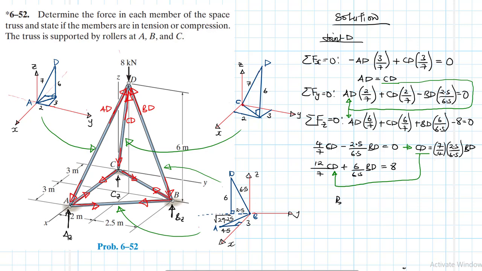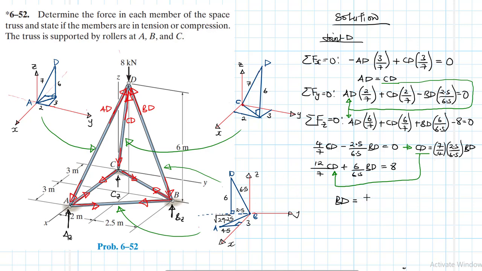If we do so, our BD is going to be equal to, let me grab my calculator. So we have 7 divided by 4 times 2.5 divided by 6.5, times 12 divided by 7, plus 6 divided by 6.5, and 8 divided by the answer.